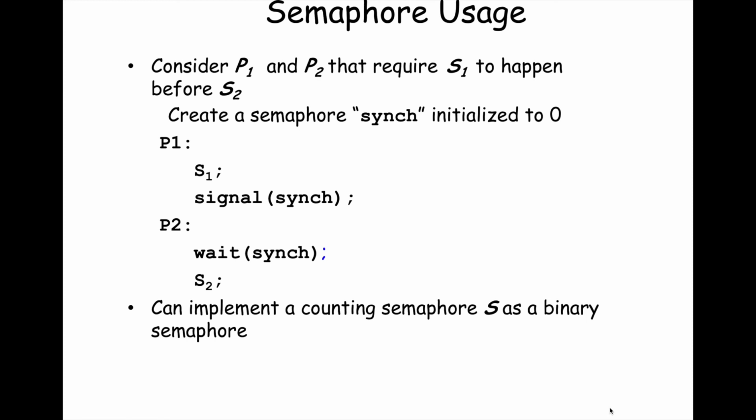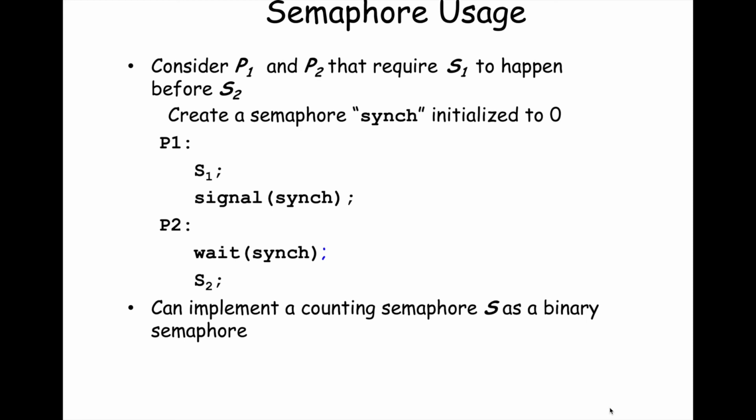Now P1 comes along, performs some operation S1, and when it's done, it signals that semaphore. When it signals, the semaphore variable gets incremented, so it's no longer 0, it's now 1, and then P2 unblocks and executes S2. So you can use semaphores between processes to synchronize a particular order of execution, even though at the end of the day, you have no idea if the short-term scheduler selected P1 to execute and then P2, or P2 and then P1.